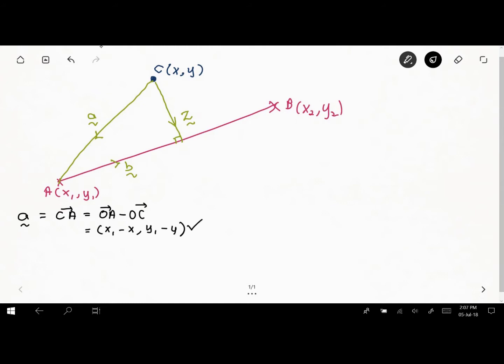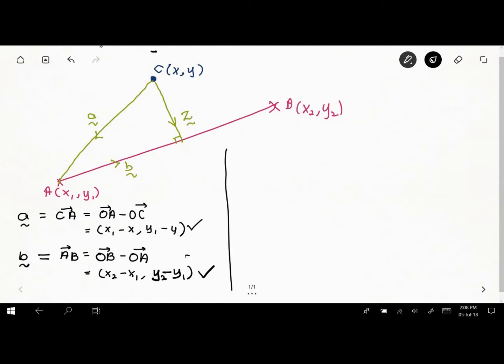Before we find Z, let's find B first. B is OB minus OA, which is x2 minus x1, comma y2 minus y1. We know this as well. So far so good.